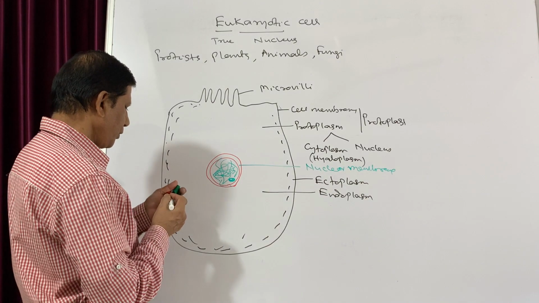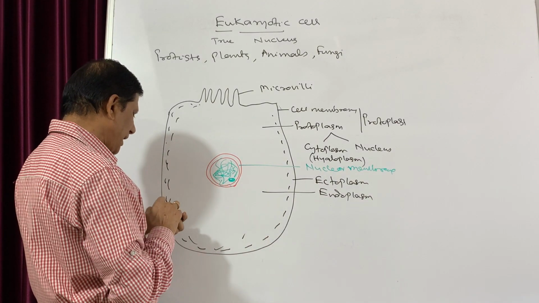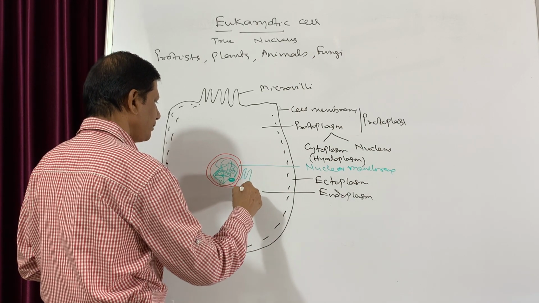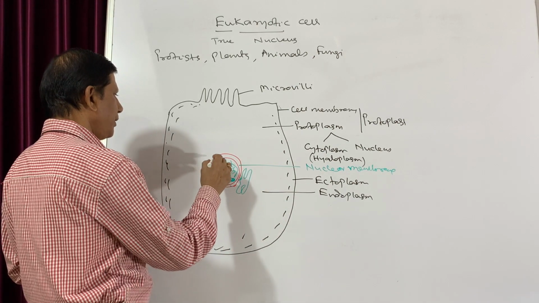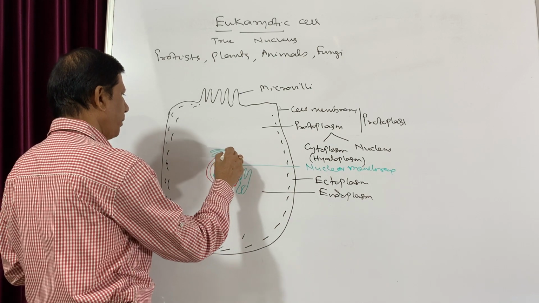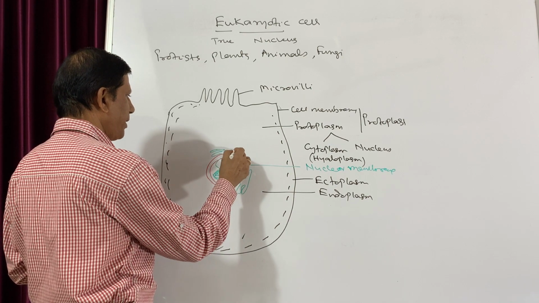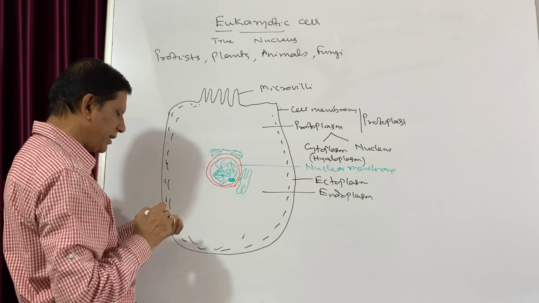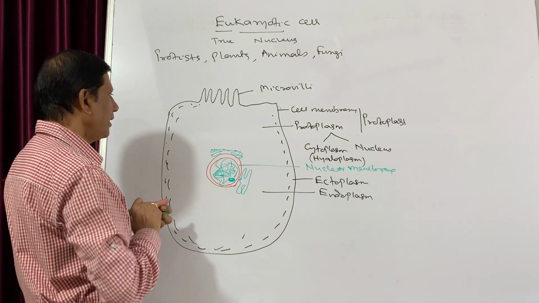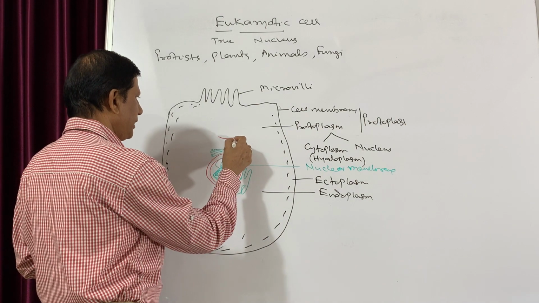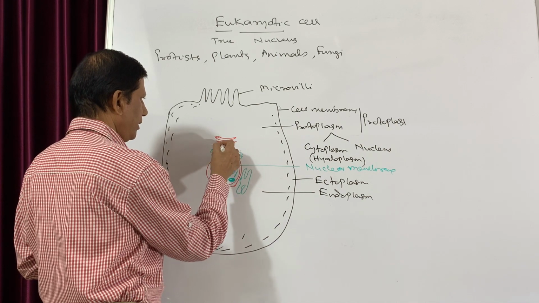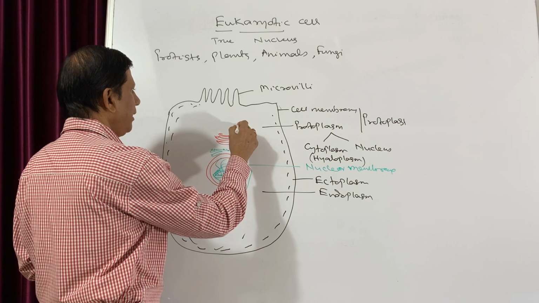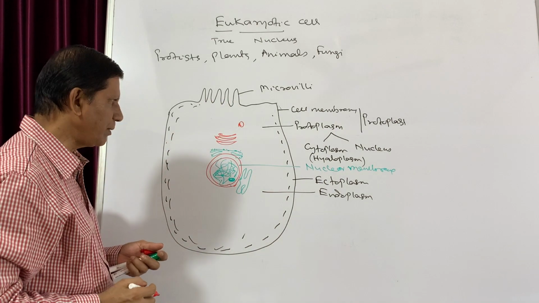To this outer membrane, usually there are some infoldings like this. They are known as the endoplasmic reticulum, and it may be rough or smooth. When ribosomes are present, it is rough; if they are not there, then it is smooth. Then these are the Golgi bodies, and these are the lysosomes.